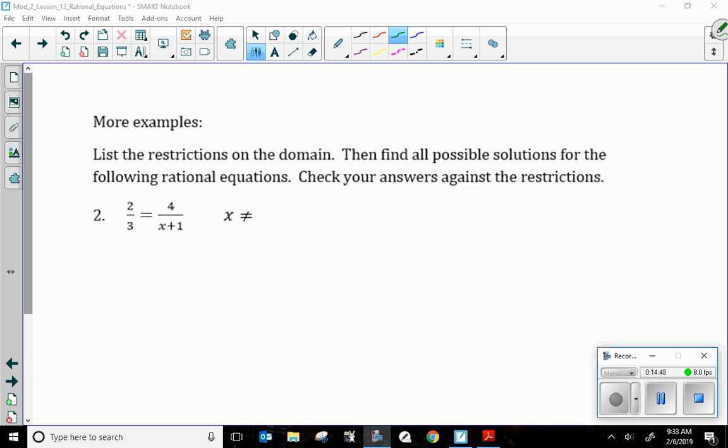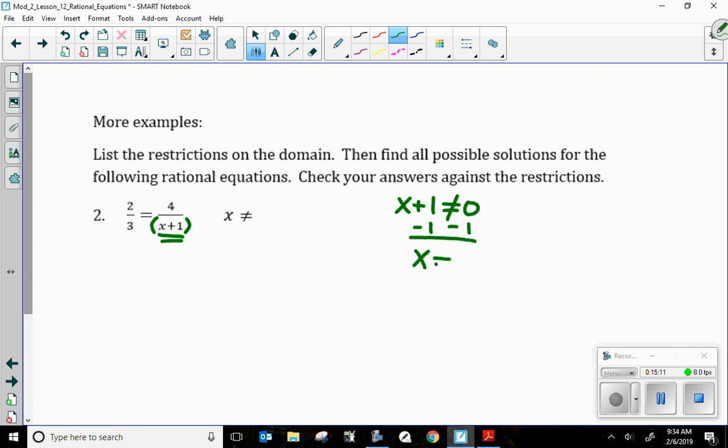So if I know denominators cannot be 0, x plus 1 should not equal 0. I'm going to go over here. I say x plus 1 cannot equal 0. Because if it does, this expression, if that's 0, then the bottom is 0. So how do I solve it? Subtract 1.